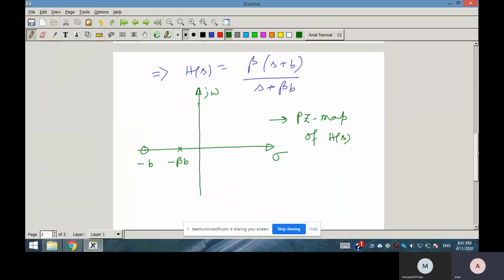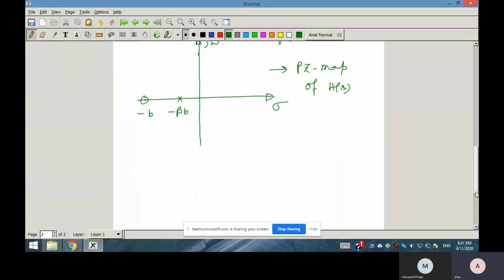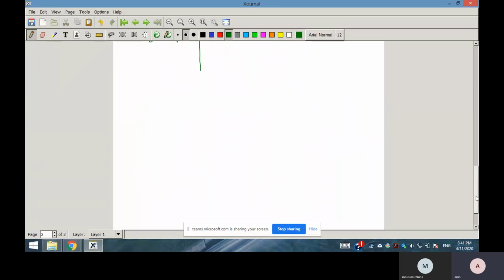Now what is the Bode plot? Your Bode plot you can also draw. Bode magnitude plot. So Bode magnitude plot, if you draw for the lag compensator, this is your omega.